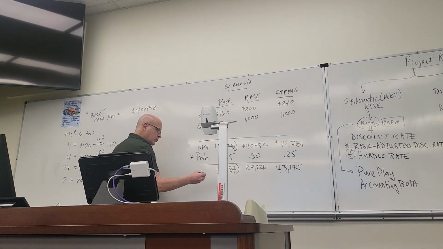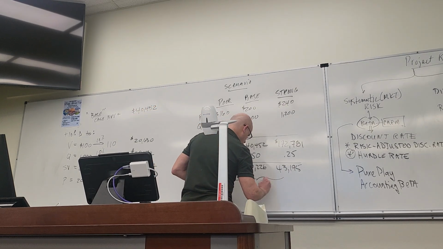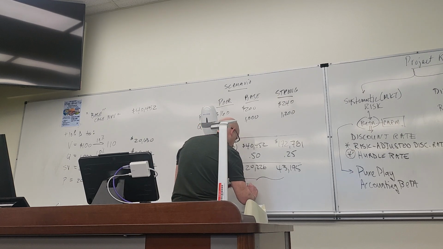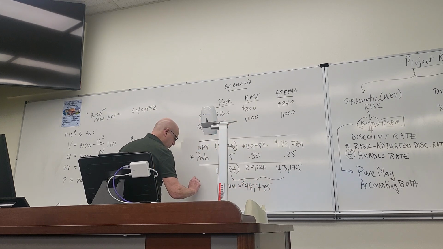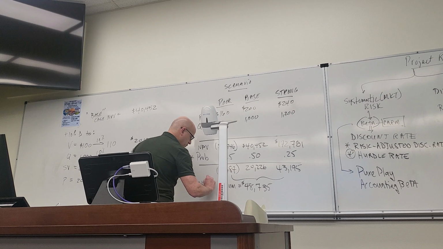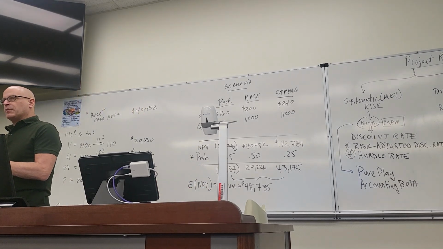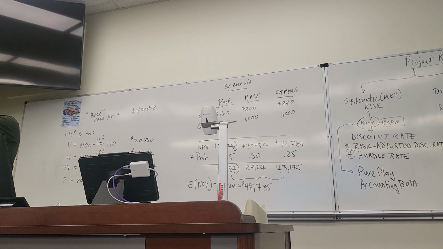And what I want to do is take these right here and get the sum. And that is going to be 48,735. And that is referred to as an expected NPV. You take the NPV from each of your scenarios times the probability of each scenario, then add up those products, and that's an expected NPV.